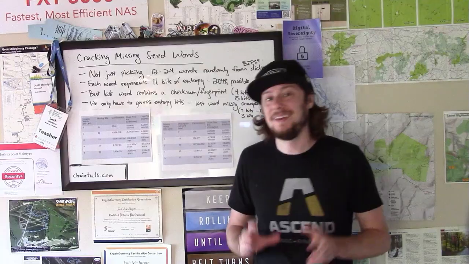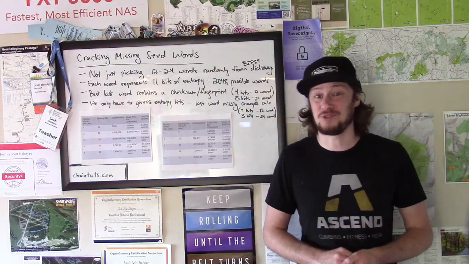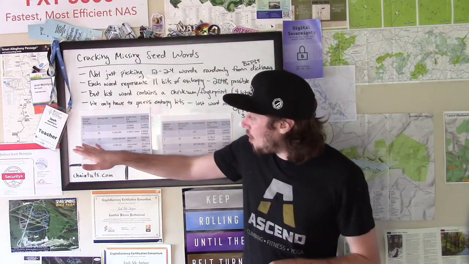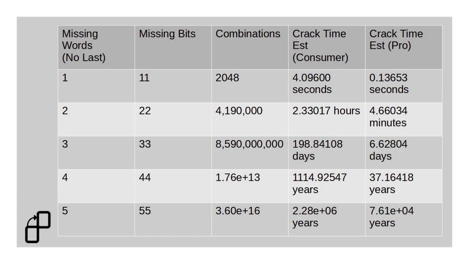But 4, now we're starting to get into trouble. With 4 missing seed words, not including the last word in the seed, we're now missing 44 bits of data. Now, by all means, 44-bit encryption is no longer considered secure, and we've moved on to 128 or 256-bit algorithms.